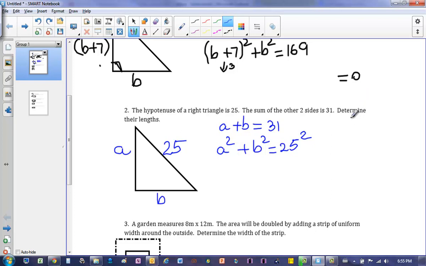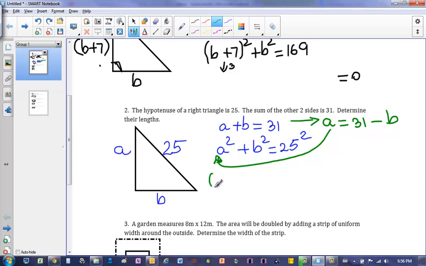In linear systems, one of the methods was called substitution, where we express one variable in one equation and substitute it into the second. What if in the first equation we say that A equals 31 minus B? I could substitute that into this equation.